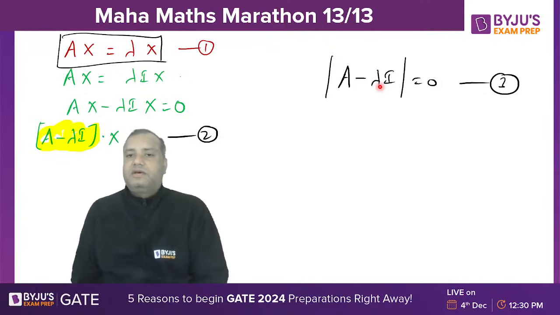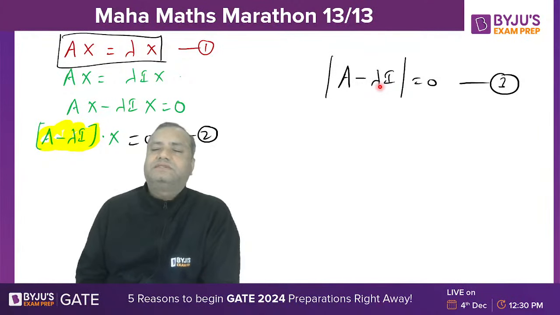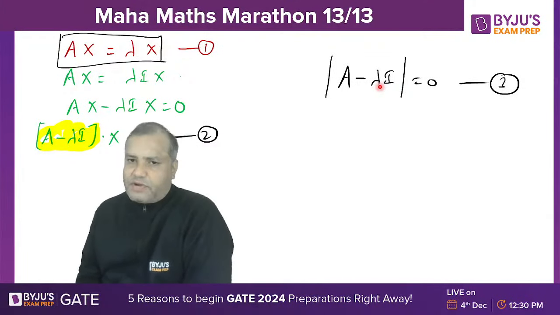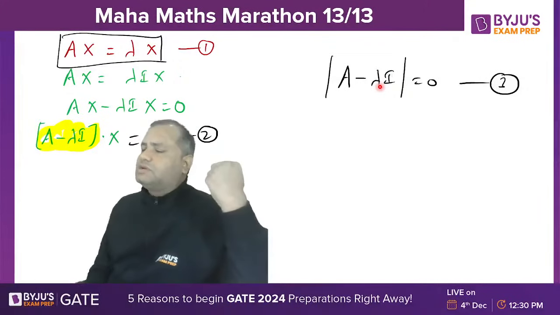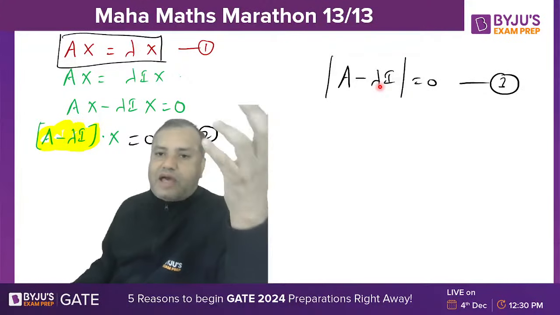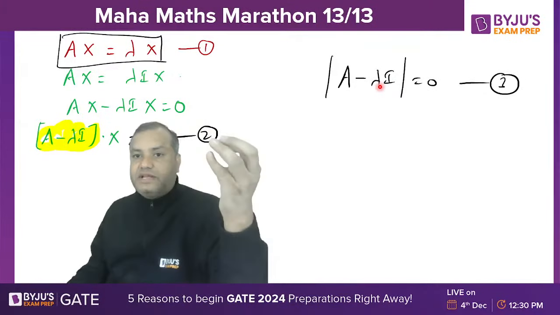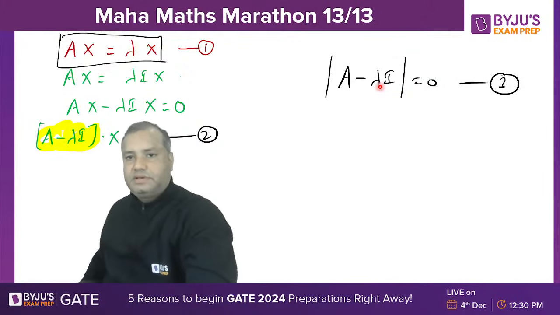Yes, sir. How many eigenvalues will exist for a given square matrix? Exactly equal to the order of that matrix. 2 cross 2 matrix, 2 eigenvalues; 3 cross 3 matrix, 3 eigenvalues, and so on. Sir, what is the nature of eigenvalues? Eigenvalues can be real and distinct, real and equal, or complex.